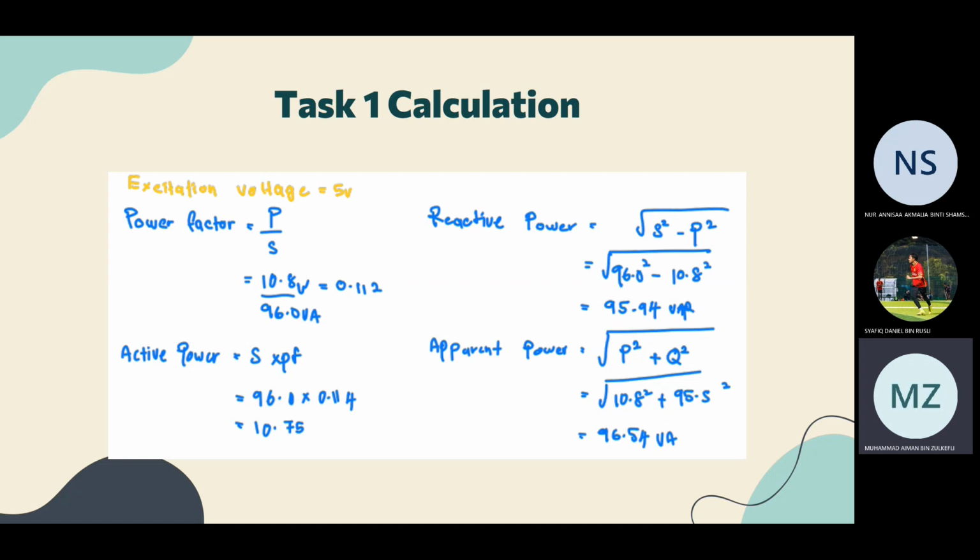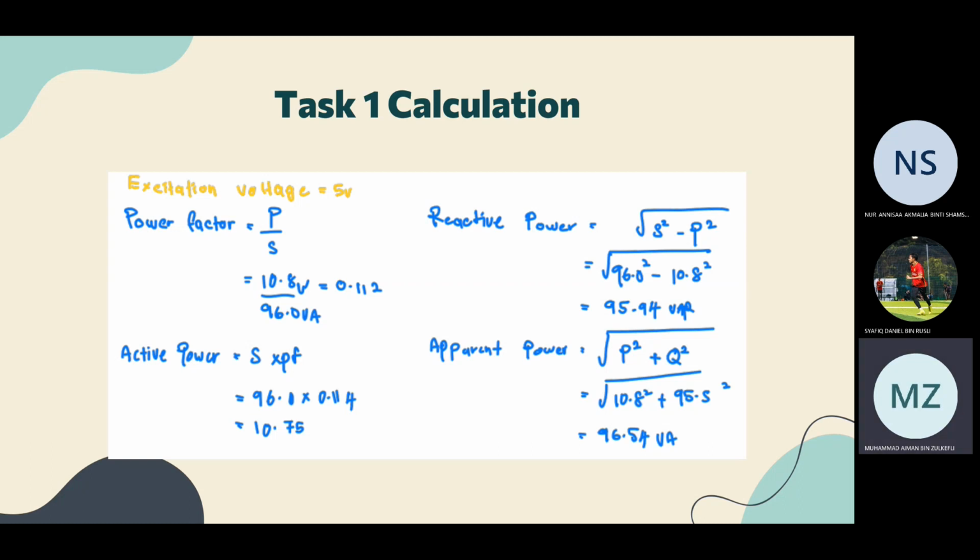For the reactive power, we will use the square root of S squared minus P squared. That is the formula for reactive power.